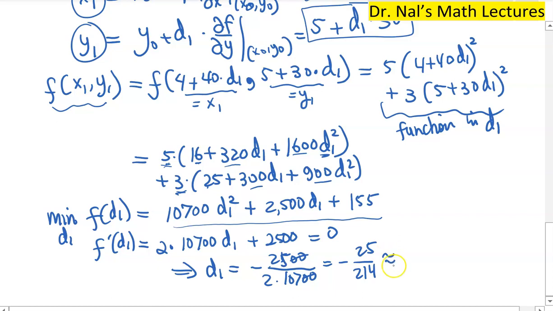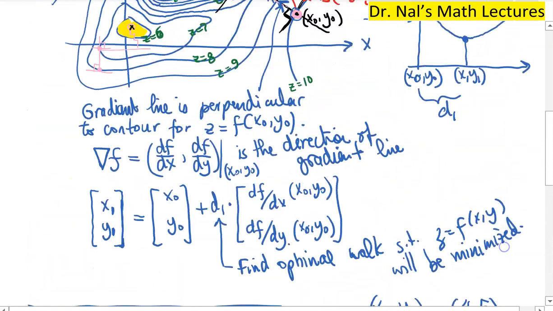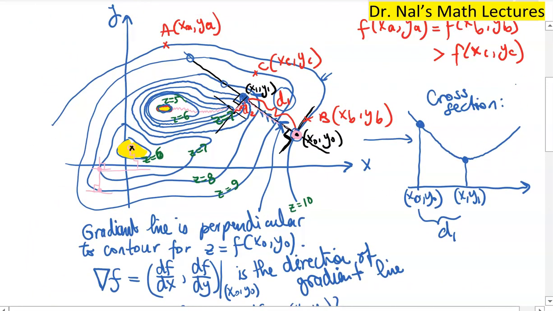But actually, let's just calculate it. On my calculator, when I do 25 divided by 214, that gives me 0.12. So what does that mean? Sorry, with a minus sign. 0.12, so that's how far I should walk. But the minus sign tells me that, I just realized, the gradient always gives you the uphill direction.